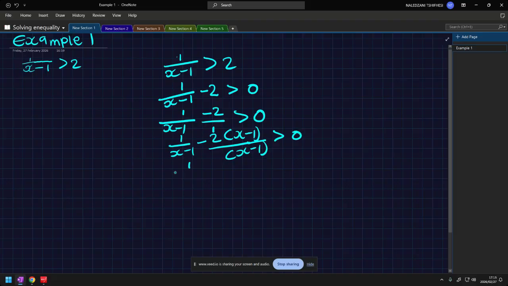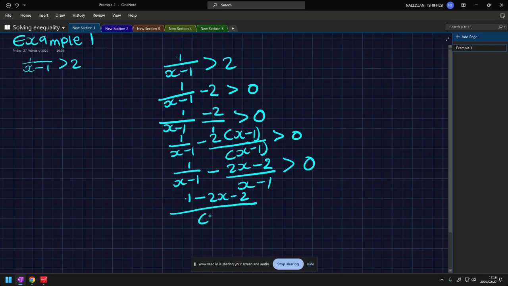Then we're gonna have 1 over x minus 1 minus 2x minus 2 over x minus 1, less than 0. So we're gonna have 1 minus 2x minus 2 all over x minus 1, and then 0, right?